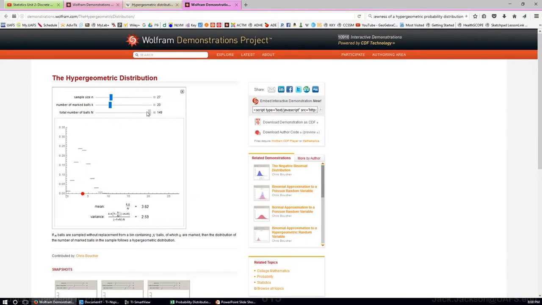So if we change capital N, we can see that moving around there, and you can see the mean is represented by this red dot. It's computing the mean and the variance for us. And you can kind of get a feel for what's happening as we move these sliders around, so you can see what's happening as we change the big N. Notice the number of bars is fixed, but we're changing big N. As we increase big N, we're lowering the probability, so the mean is going back to the left.